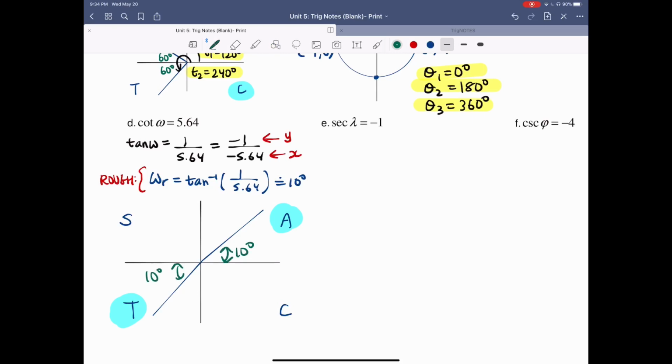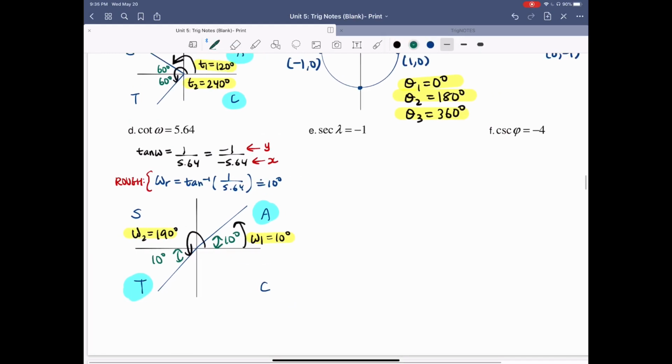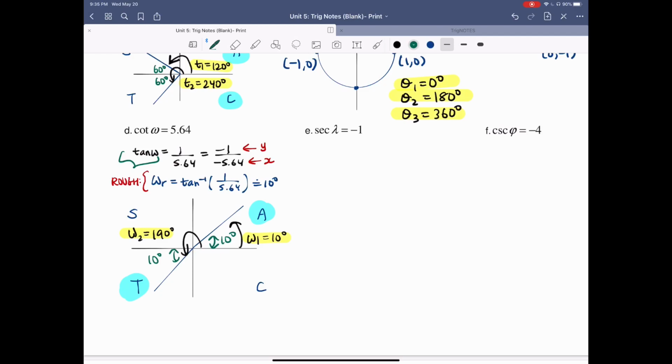When I figure out my angle, omega 1 is equal to 10 degrees, and omega 2 is equal to 180 plus 10, which is 190 degrees. To interpret the whole thing, tan omega is a positive slope.